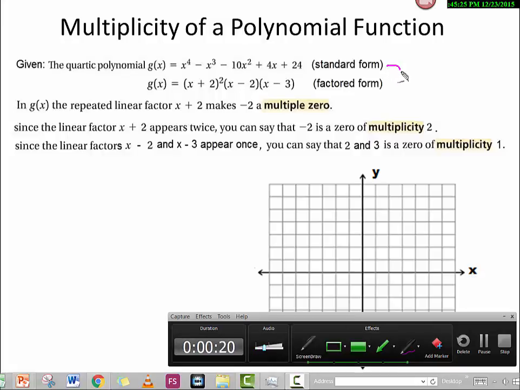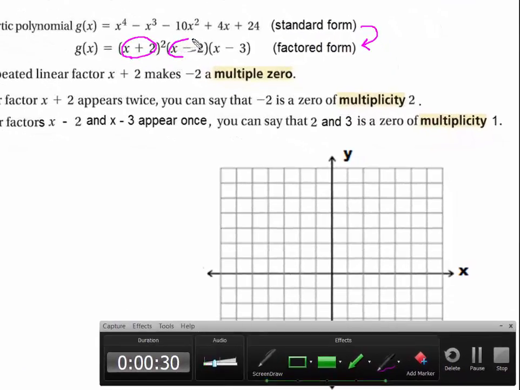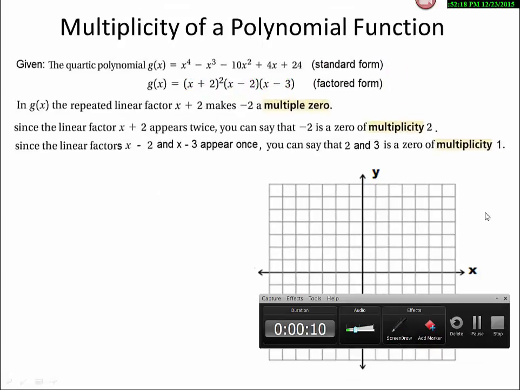First, you're going to convert this into factor form, which gives you three linear factors here. So this one is the first linear factor, this is the second linear factor, and this is the third linear factor.